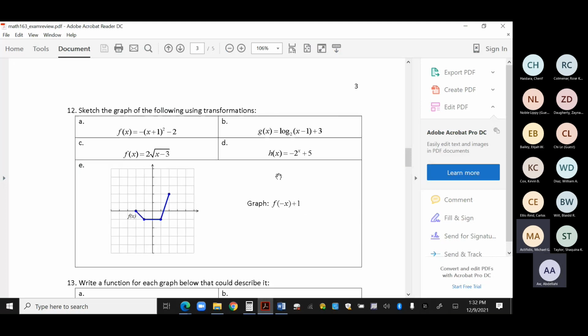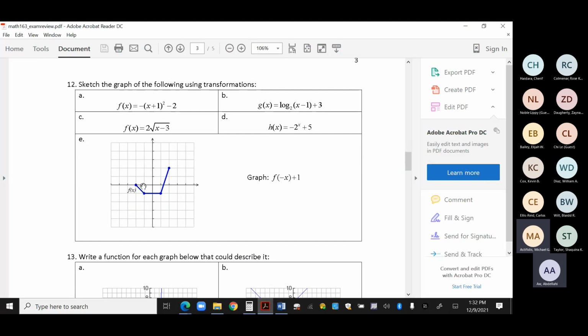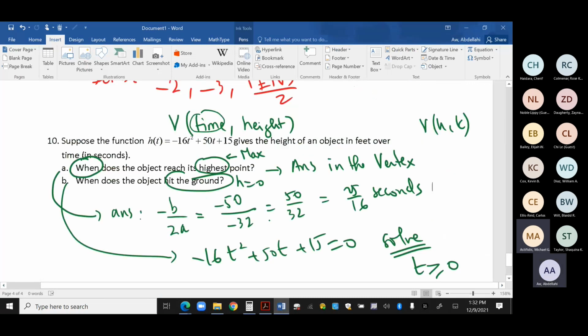So now, transformation of functions right here. Let's just try to do this one, the E, because in the test I will give you something probably like the E. Do you remember the transformations?